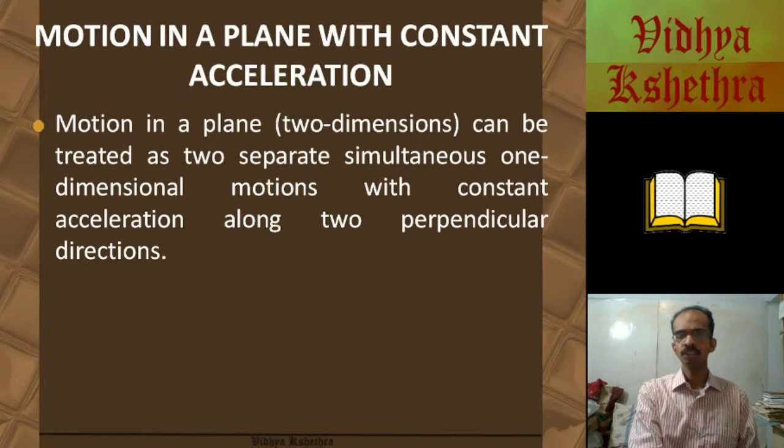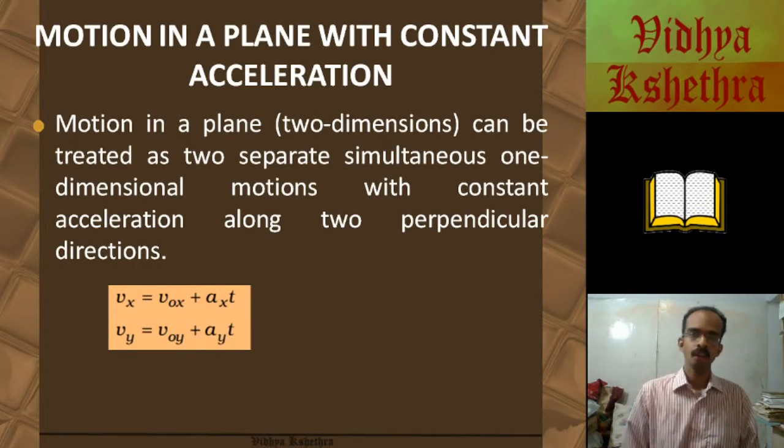Then the equations of motion become two components, that is vx is equal to v0x plus axt, where v0x is the initial velocity and ax is the component of acceleration along the x-axis. Similarly, the component of velocity along the y-axis, vy, is equal to v0y, which is the initial velocity along the y-axis, plus ayt.